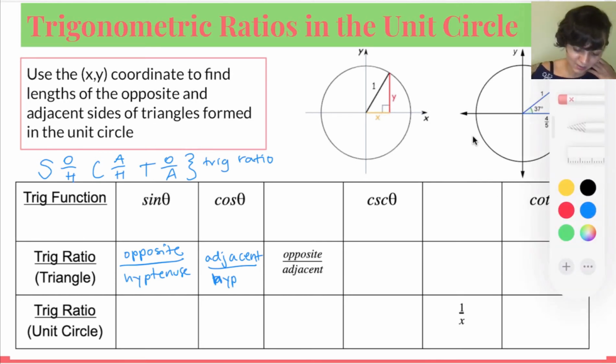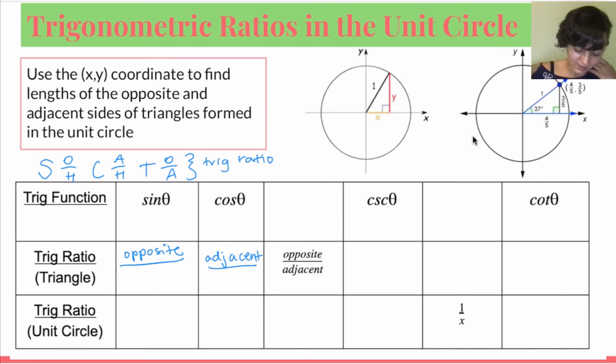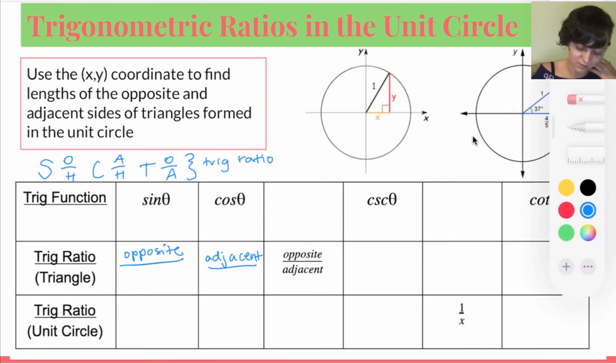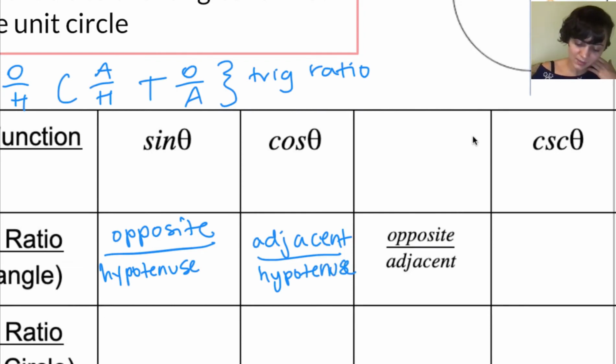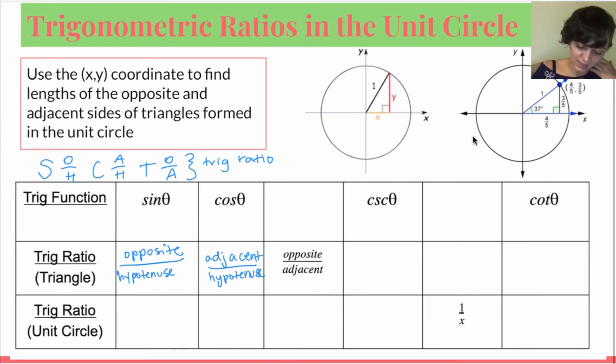I totally did not spell hypotenuse correctly. My brain is distracted. Let's spell hypotenuse correctly this time. Hypotenuse. There we go. This one, I wasn't given the trig name. I need to fill that in. So opposite over adjacent is my tangent.